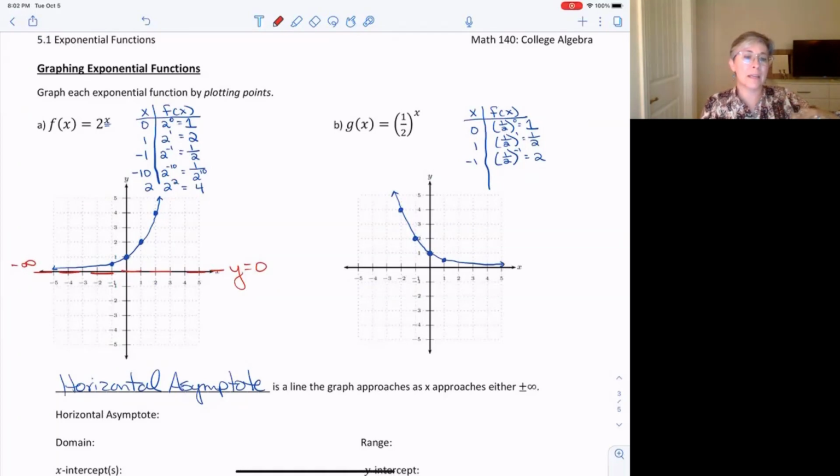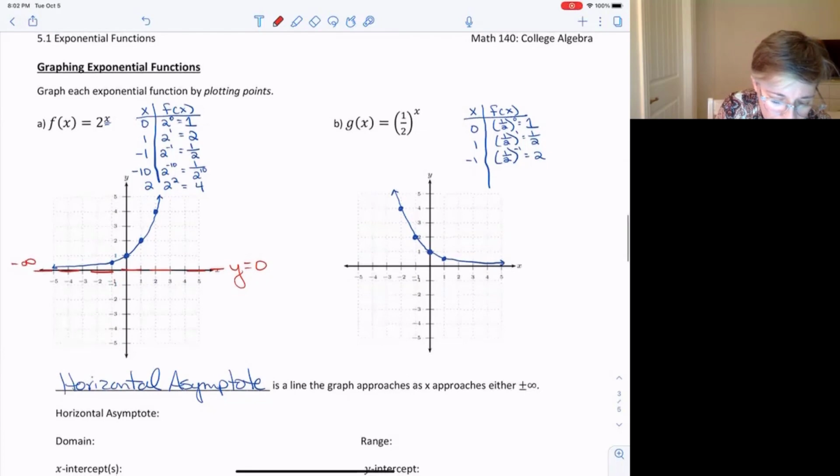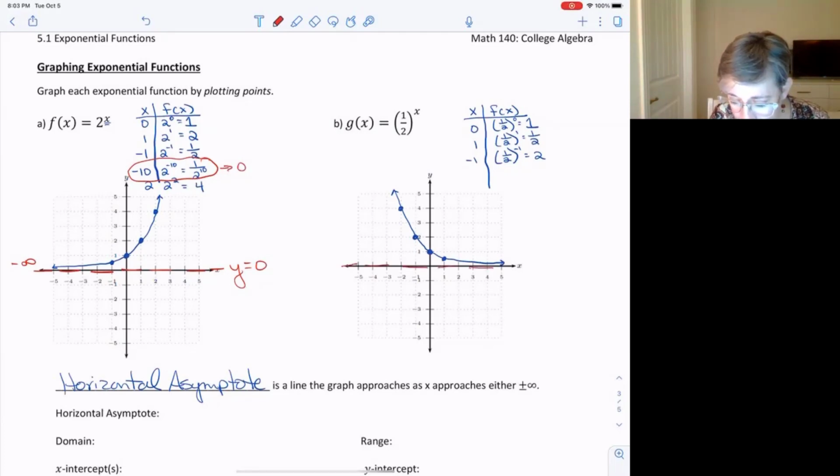So as x is getting negatively large, it's getting really, really close to 0. It's approaching 0, but it's not actually equaling 0. Likewise, on the graph to the right, it is still getting close to this line of y equals 0, but this time as x is approaching infinity. So those will actually be the horizontal asymptotes of a basic exponential parent function.